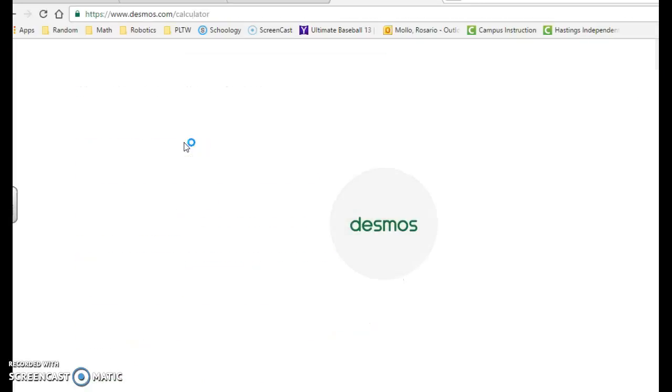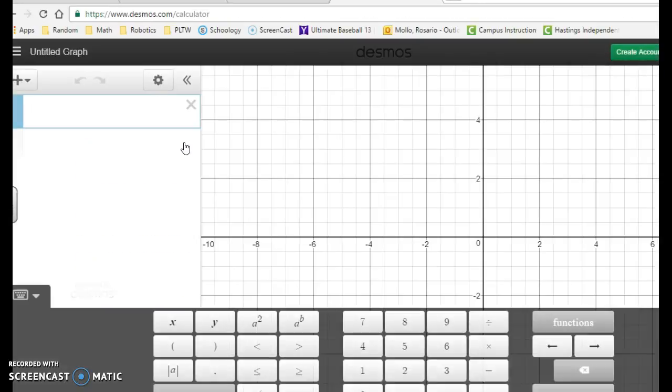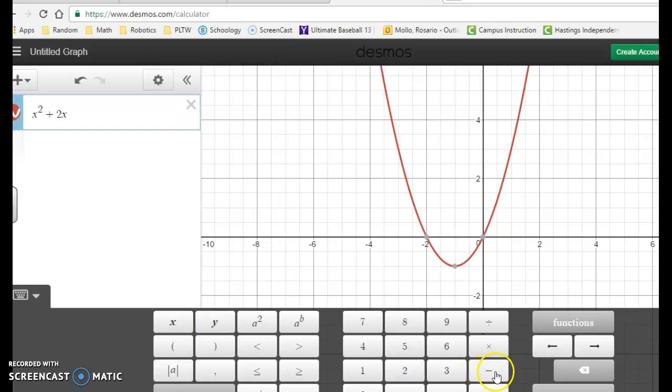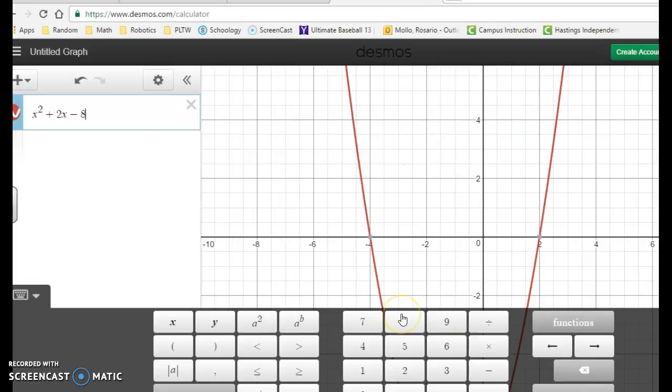Most graphing calculators seem to work just fine. It'll load, it'll ask you what you're going to type in. So you're going to do x squared plus 2x, and then minus 8. And it's graphing it for you as we speak. And there we go, there's my answers. I'm trying to find the zeros for this problem, and it's at 2, -4.